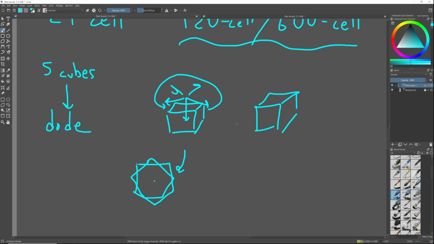Now, I'm thinking of it that way, and I obviously don't have to, but I was thinking of a problem maybe 6 years ago, and when I found out that you can embed 5 cubes inside of a dodecahedron, I realized this is the answer to a problem I thought about like 6 years ago.